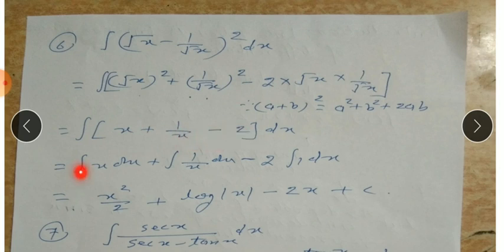Now separating the terms: first term is x, second term is 1 upon x, third term is minus 2. First term is integration x, plus second term integration 1 upon x, third term is minus 2. It is a constant, that's why I have written here minus 2 integration 1 dx.